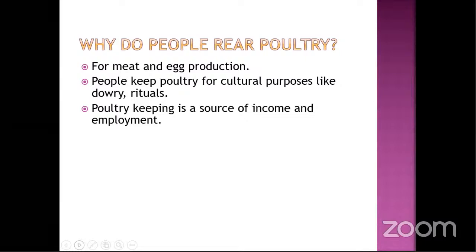One, you can say it is a source of employment, and we shall give you a correct answer without any reasonable doubt. Just put there, poultry keeping is a source of employment. And then you're sure of a mark. And then another person can simply say, poultry keeping is a source of income. And then we give you a mark.